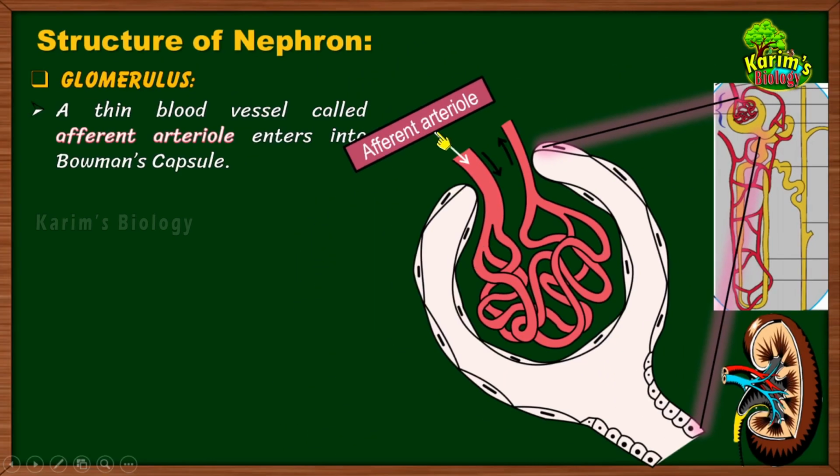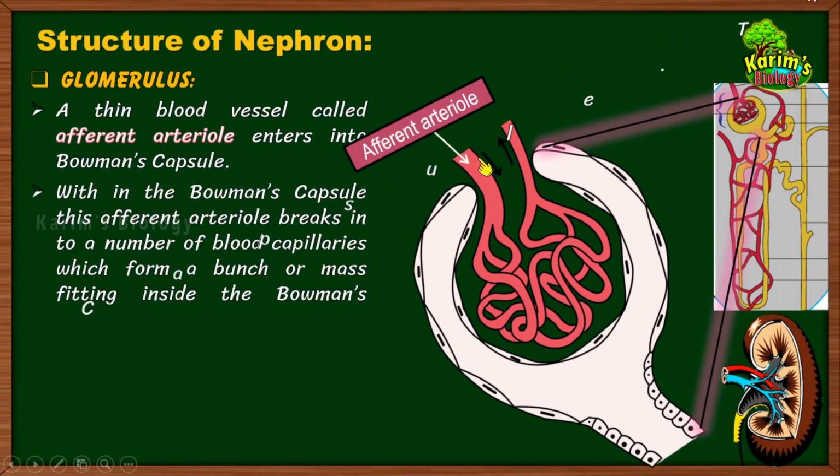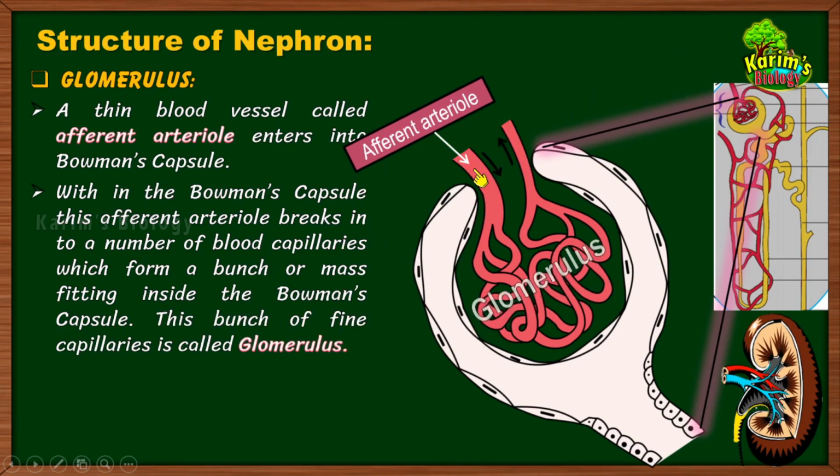Right? The afferent arteriole enters into Bowman's capsule, and afterwards what is happening? Remember, this arteriole is called afferent arteriole. Afferent means incoming. So once it enters into the Bowman's capsule, what's happening? You see, it is dividing into some thin capillaries.